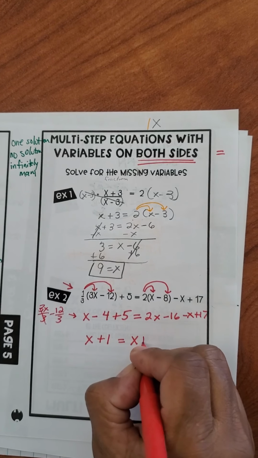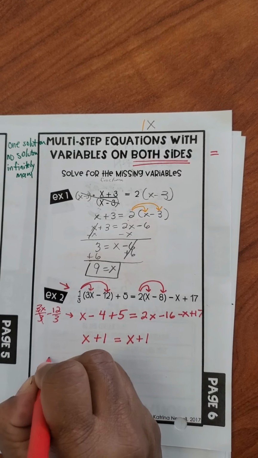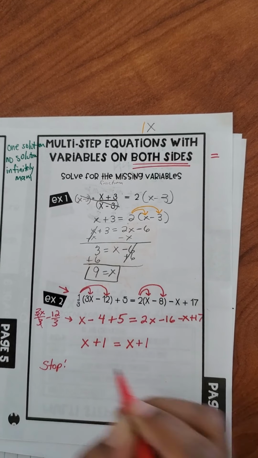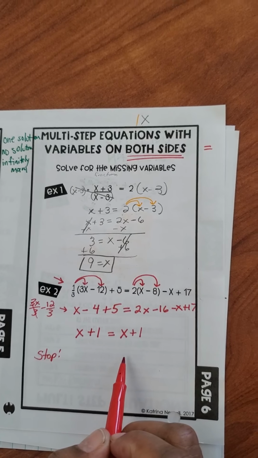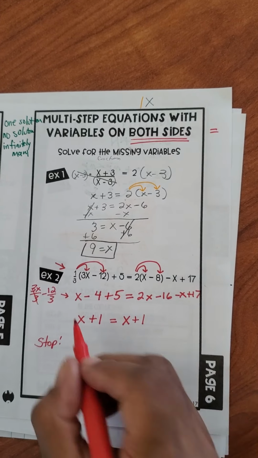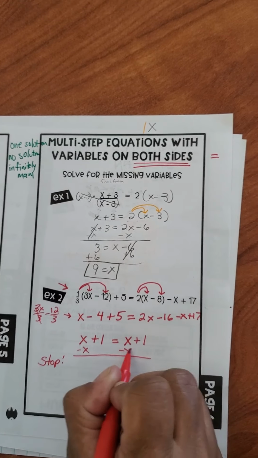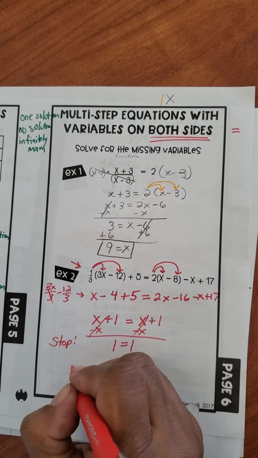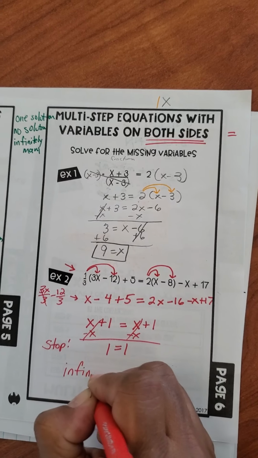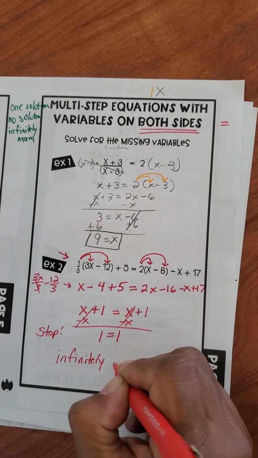Subtract, take the sign of the larger number. We can stop here because clearly we are the same on both sides, right? Therefore, if I subtract x on both sides, I have 1 is equal to 1. I have infinitely many solutions.